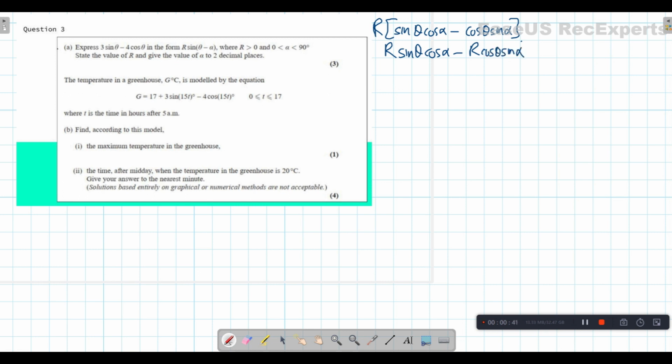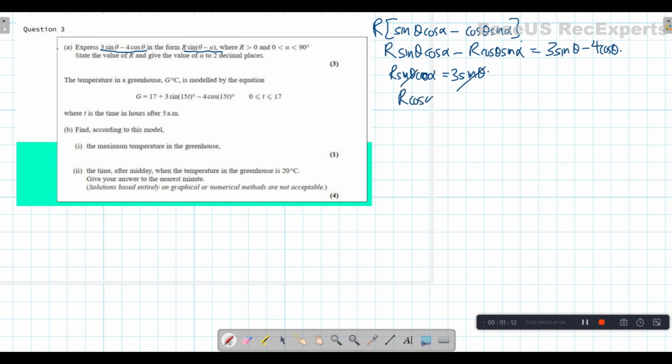And if you look at the question, it says this expression can be written as r sine theta minus alpha. So I can equate this. This is the same as 3 sine theta minus 4 cos theta. So r sine theta cos alpha equals 3 sine theta. Cancel these two.